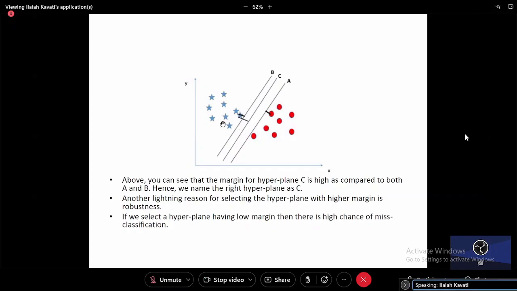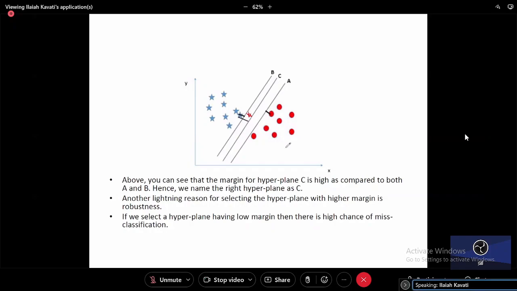Actually, this is very close to the stars, but B will classify that one as a circle. Suppose, assume here, this is actually a star.